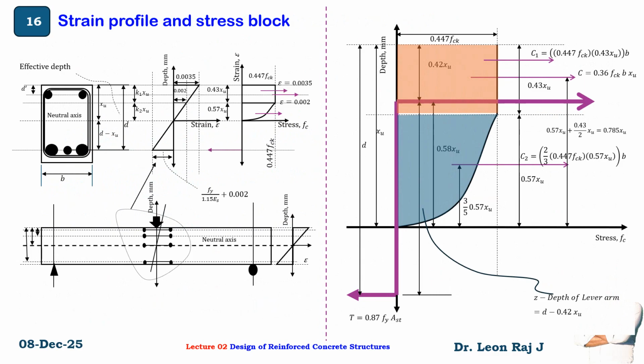So, strain profile and stress block details for a doubly reinforced beam. So this is the compression reinforcement and this is the tension reinforcement.